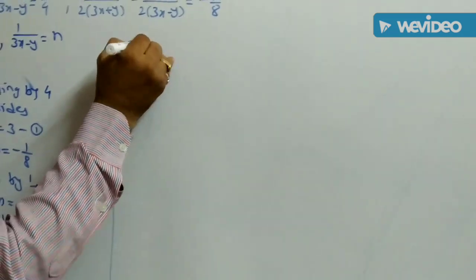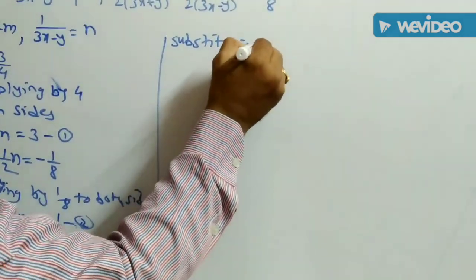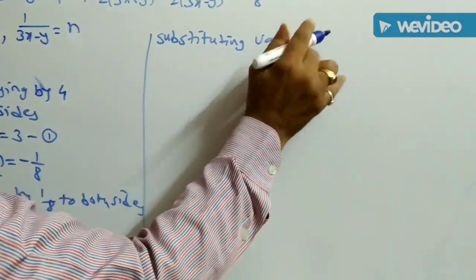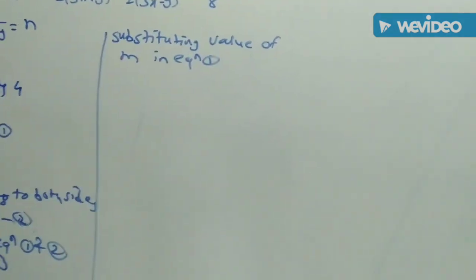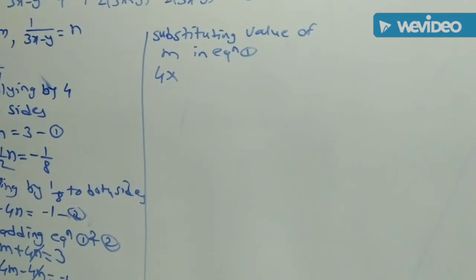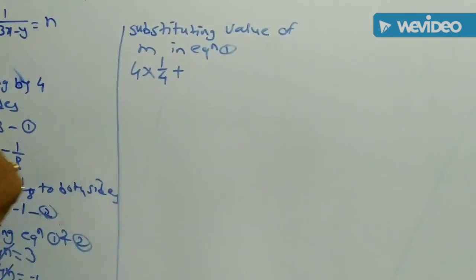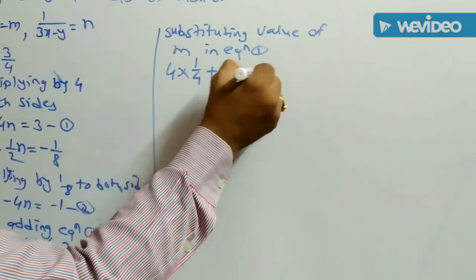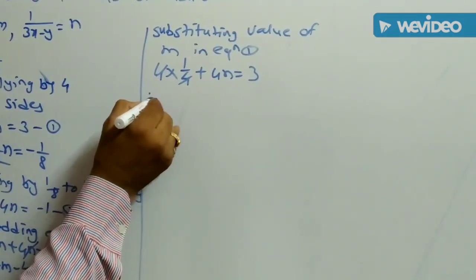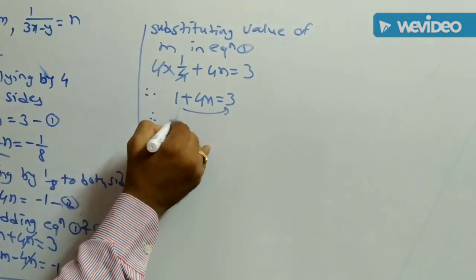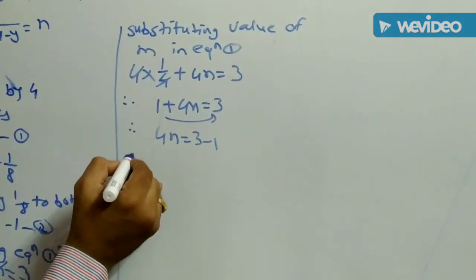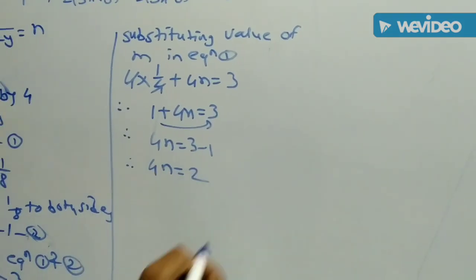Therefore substituting the value of m in equation 1, we get 4m, m that is 1 upon 4, plus 4n is equal to 3. The 4 gets cancelled. 1 plus 4n is equal to 3, plus 1 gets converted to minus. 3 minus 1, 4n is equal to 2.